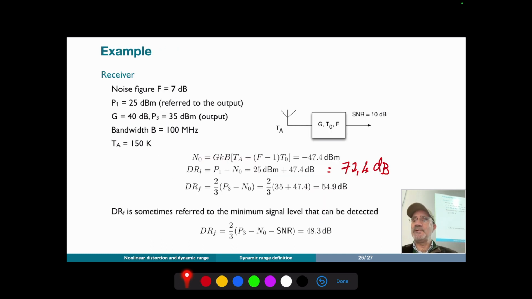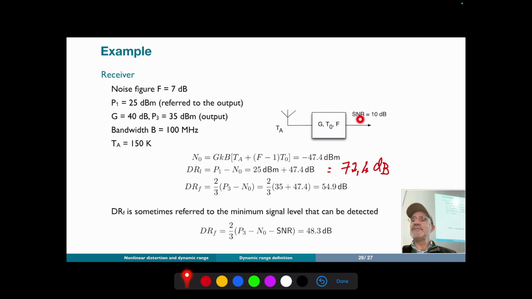So in this example, the linear dynamic range is 72 dB, and the spurious free dynamic range is 55 dB approximately. Just one comment here, the spurious free dynamic range sometimes refers to the minimum signal level that can be detected.